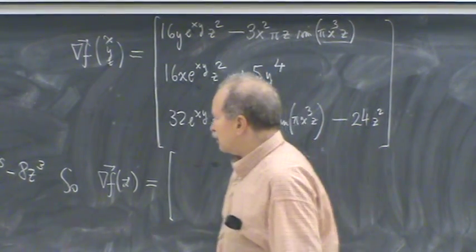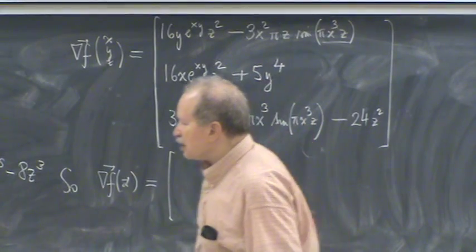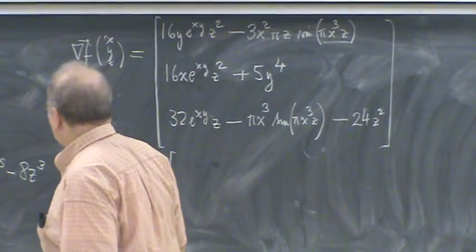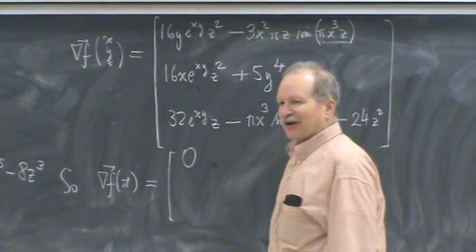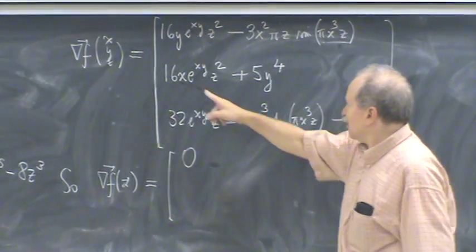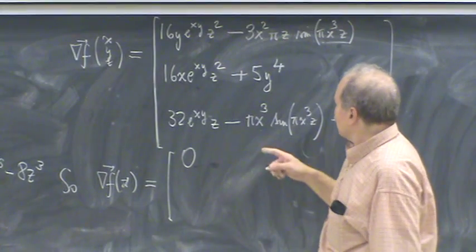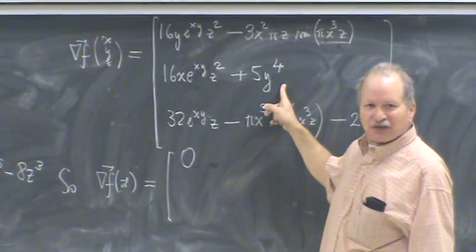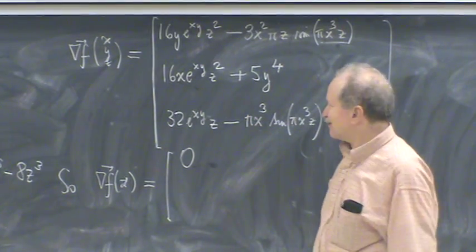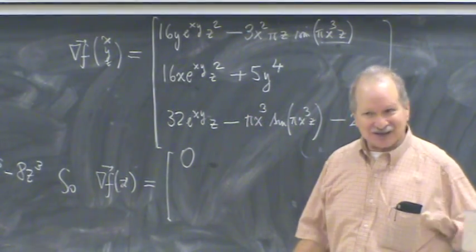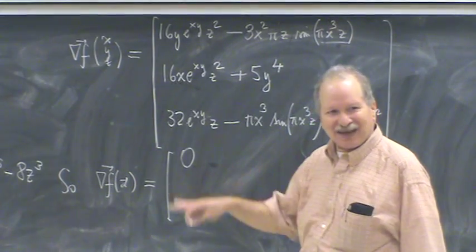Oh, it's 2 pi. So that's a 2 pi. So this is 0, this is 0. Now, what's 5y to the fourth? 0. But this term isn't 0. We don't want it all to come out 0, or else you'll find out later this method fails.